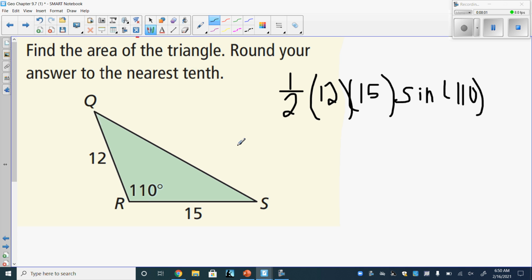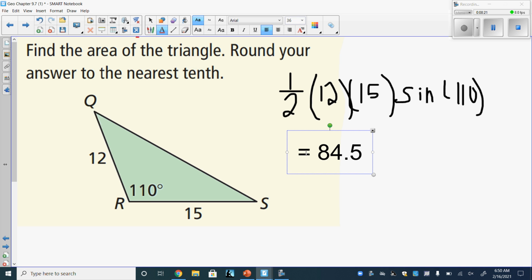Again, once we have this set up, we can plug it into the calculator. We can do 1/2 times 12 times 15 times sine of 110 degrees. And if we multiply all that together, we get 84.572. And again, since we're rounding our answers to the nearest tenth, 0.57 will become 0.6. And that's it.